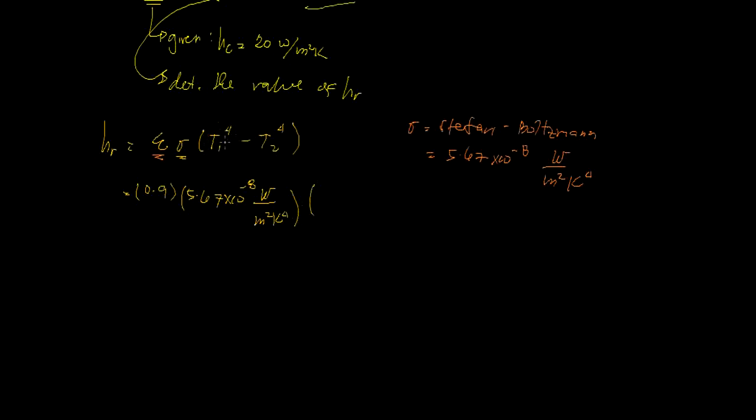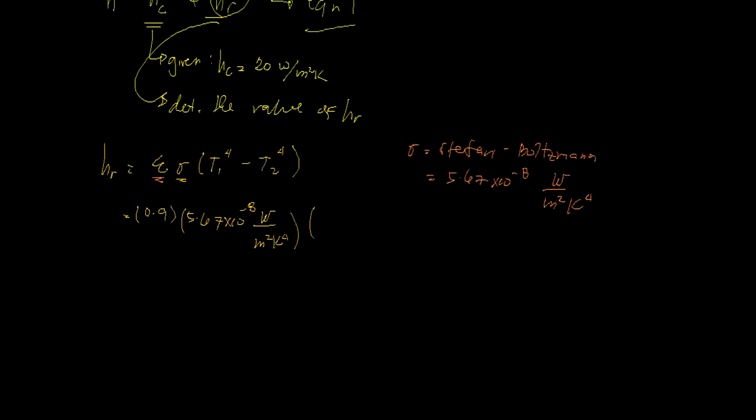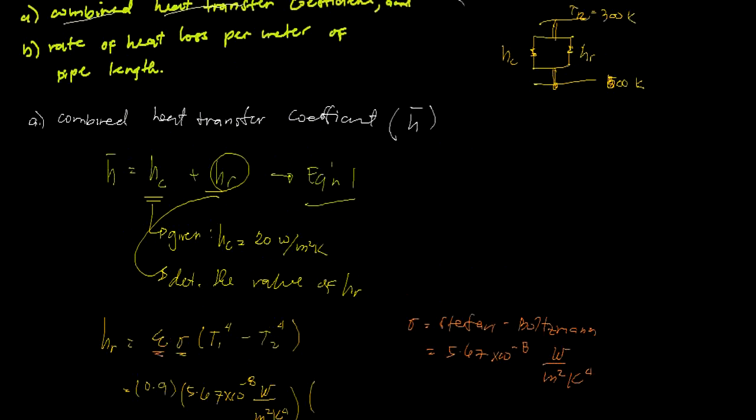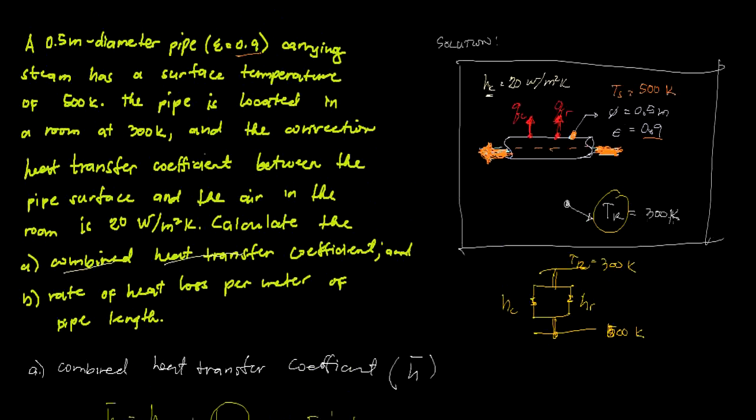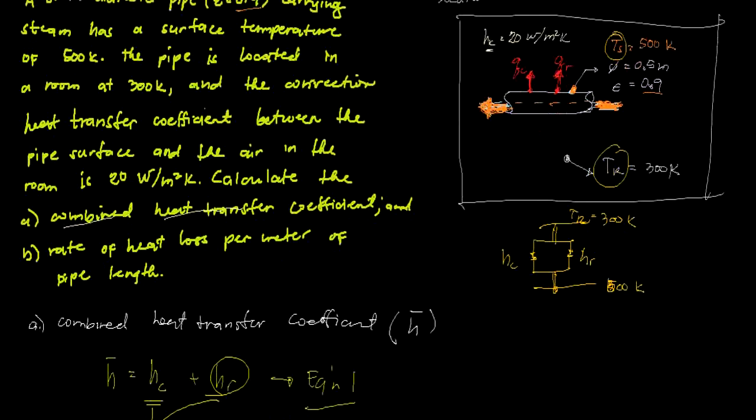And our T1 here is the temperature of the surface of the pipe, because that is higher than the room temperature. So our T1 is the TS, which is 500K.